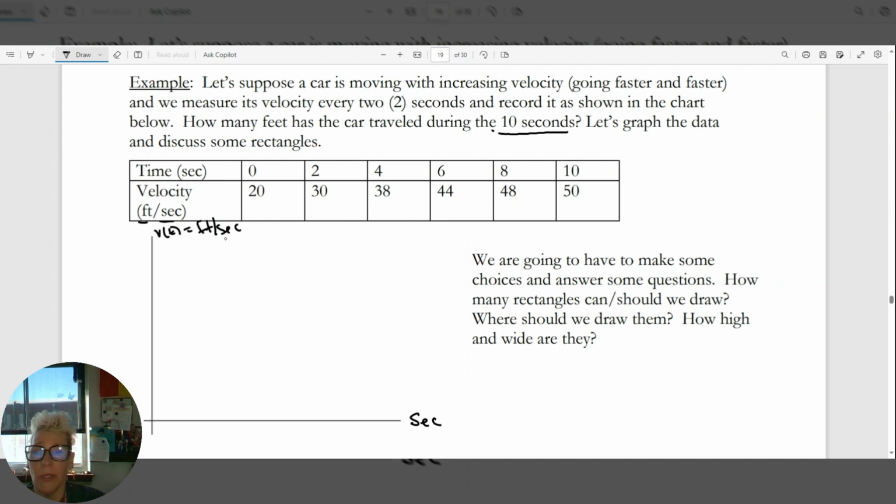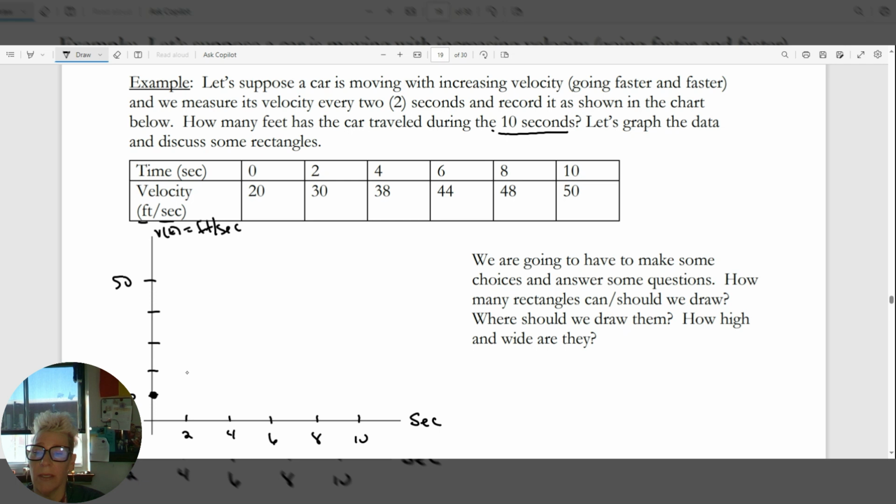So I want to start by doing that. Let's graph what we have in our numerical chart here. We have 2 seconds, 4, 6, 8, and 10. And we're graphing a velocity, let's see, 10, 20, 30, 40, 50. So at 0 seconds, we're at 20.